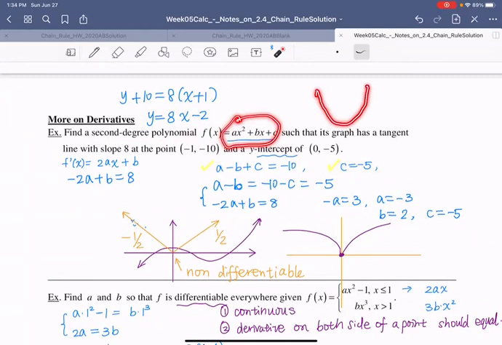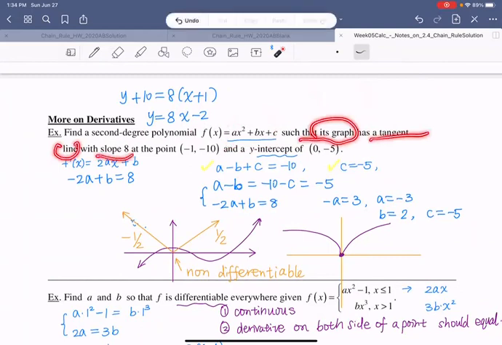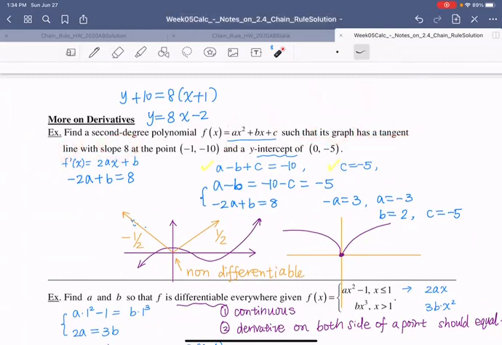If A is positive, it's going down up. If A is negative, it's going down. And this graph has a tangent line with a slope of 8 at the point (-1, -10), and an intercept of (0, -5). Now, given this condition, they ask you what's your A and B and C value.